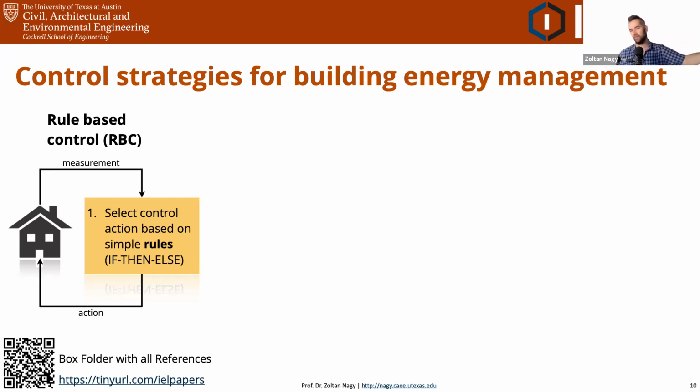It's very simple in residential homes, if at all existent, but this is the baseline. Of course, this is very simple to set up and very easy to use, but it's harder to make optimal when you want to get everything out of your system. So optimality is a challenge. Also, when things change in your homes, you need to go in and update these rules to make sure things are still good for your place.